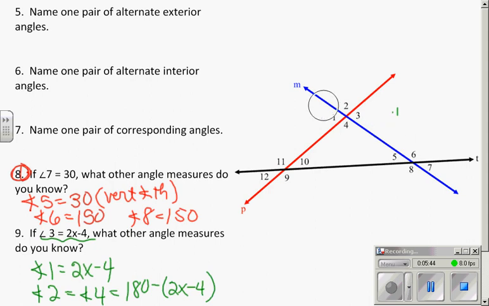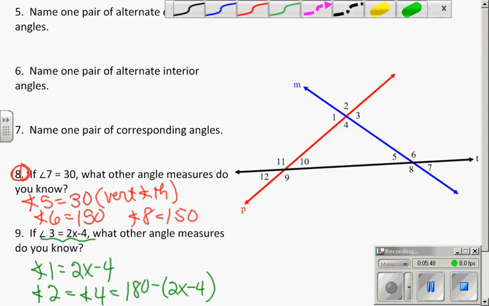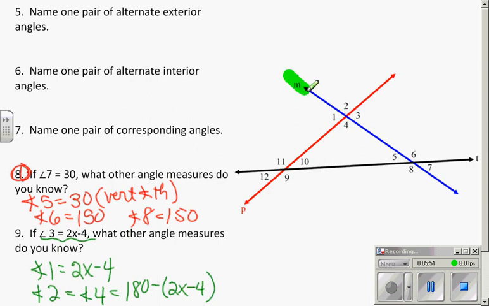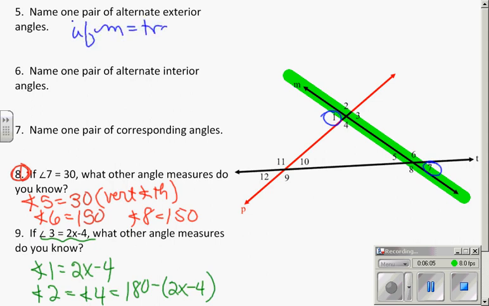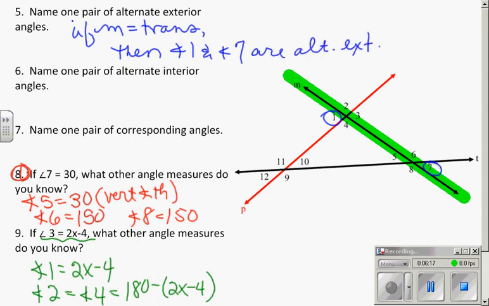If we look at a few more examples, one pair of alternate exterior, let's let M be our transversal, alternate sides of the transversal, and we want exterior, so outside the parallel lines. So if M is our transversal, then angle 1 and angle 7 are alternate exterior.